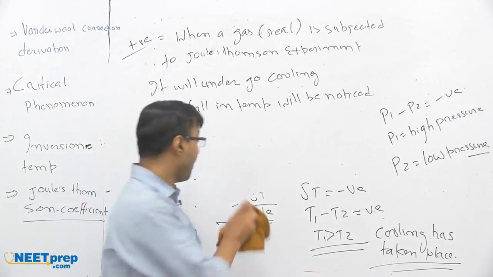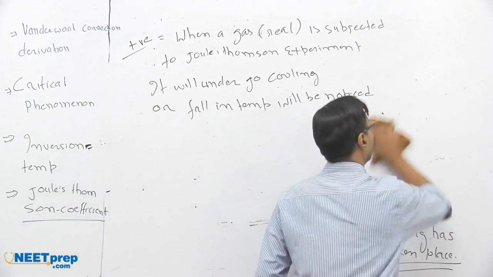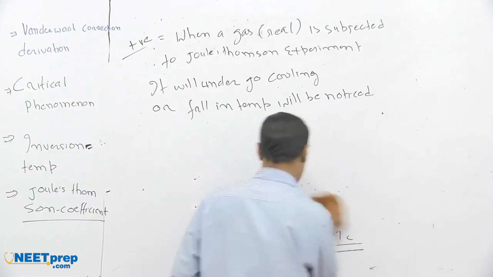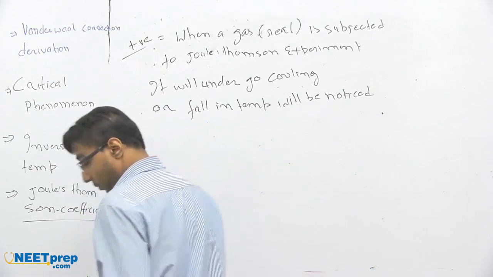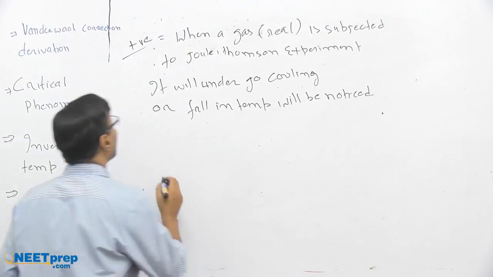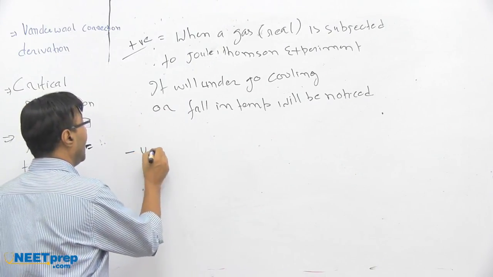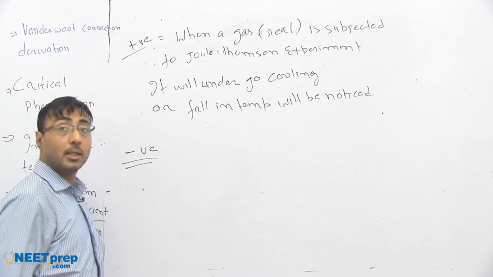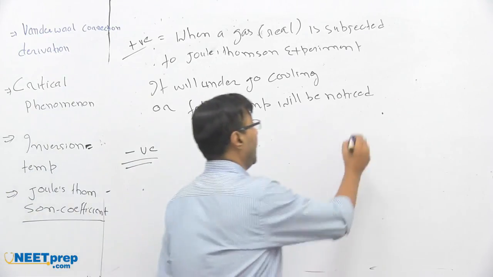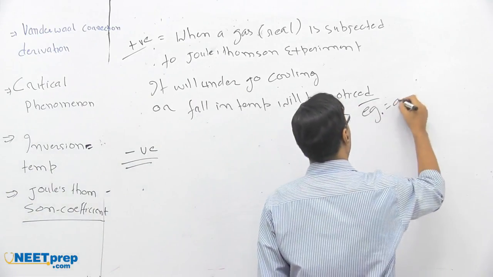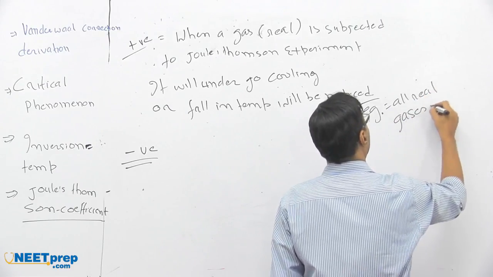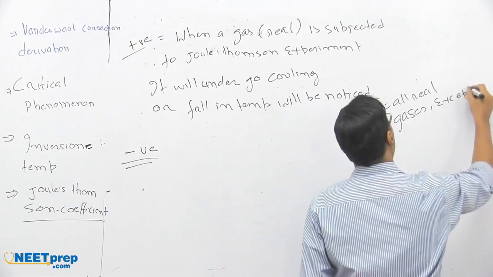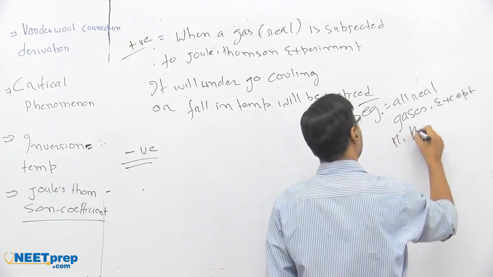Now what will happen if mu JT is negative? Here the example is all real gases except hydrogen and helium.